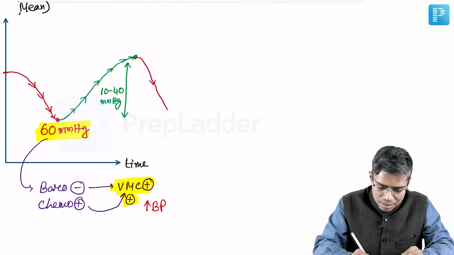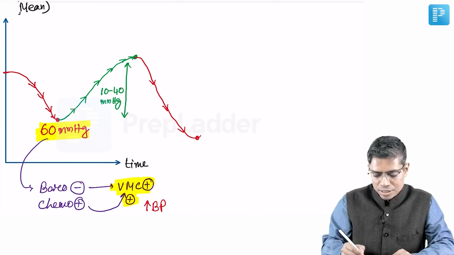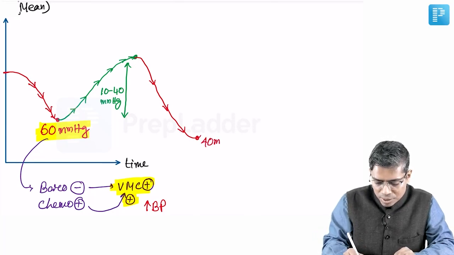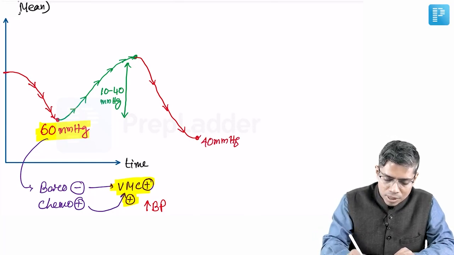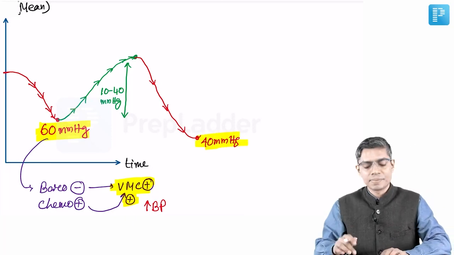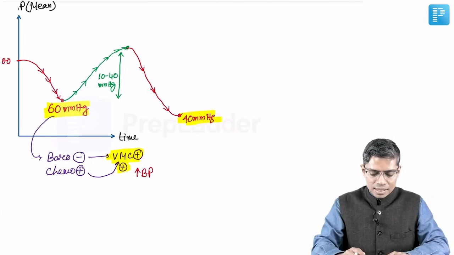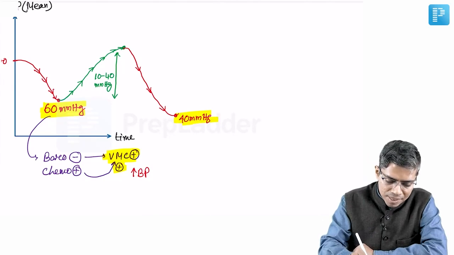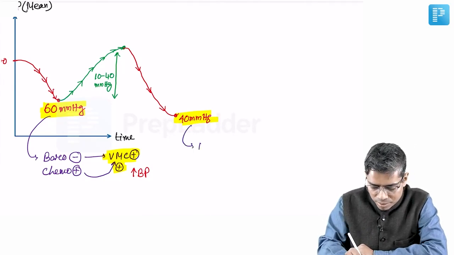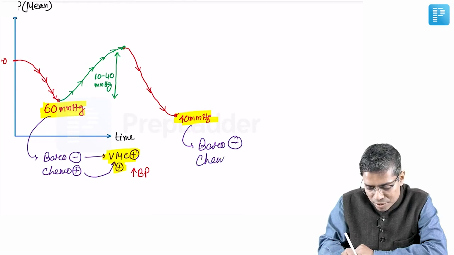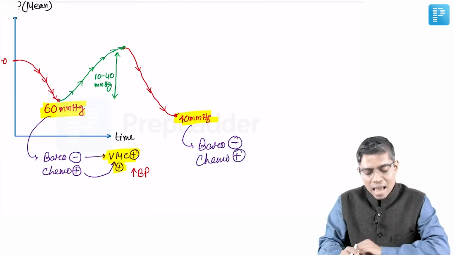Now in this condition, suppose the blood pressure has reduced to a more lower condition, that is 40 millimeter of mercury. Now you tell me at 40 millimeter of mercury, what is the status of baro? Baro is the same status, it is inhibited. Chemo is the same status, that is activated.